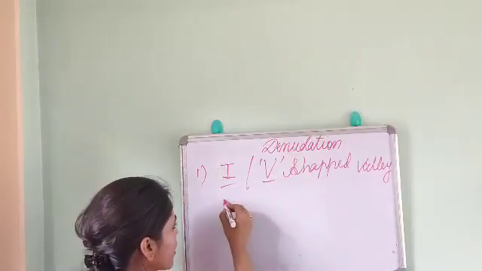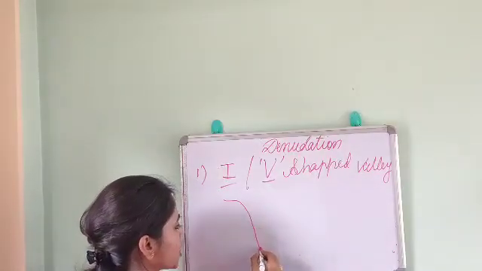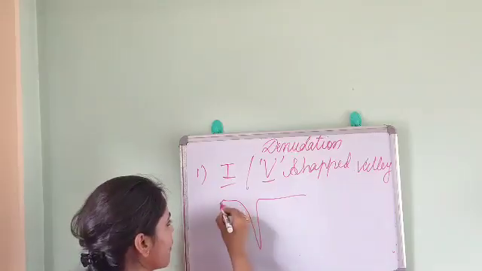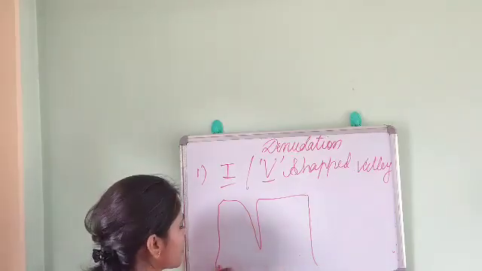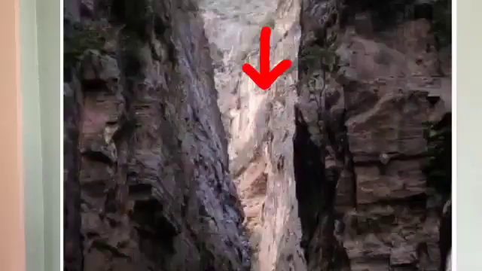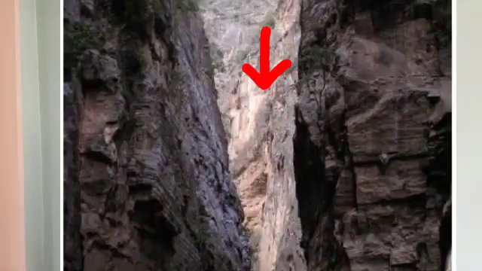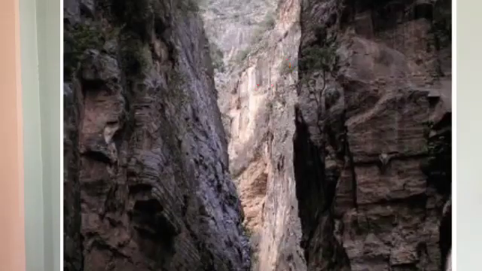Now when a river is flowing through its course, what will happen? If the erosional work of the river is applicable in the downward direction, then it will form an I-shaped valley.